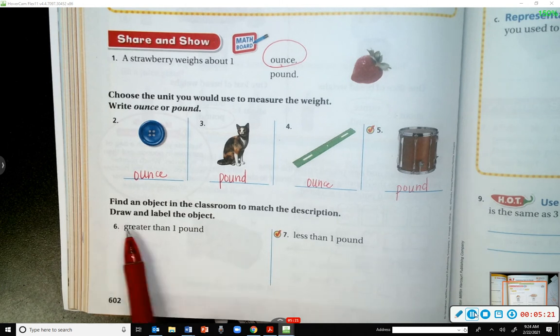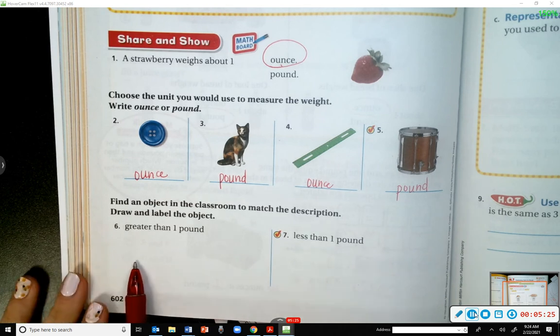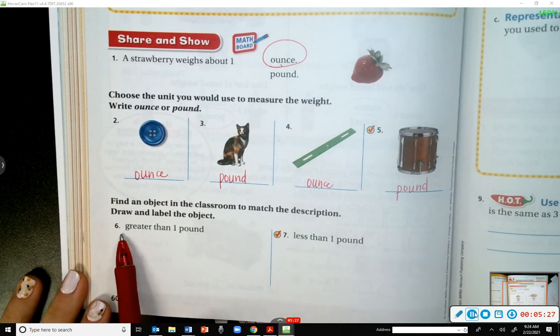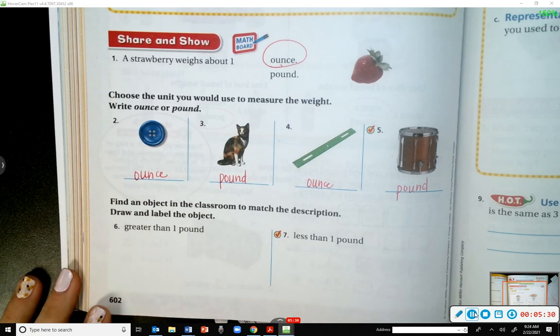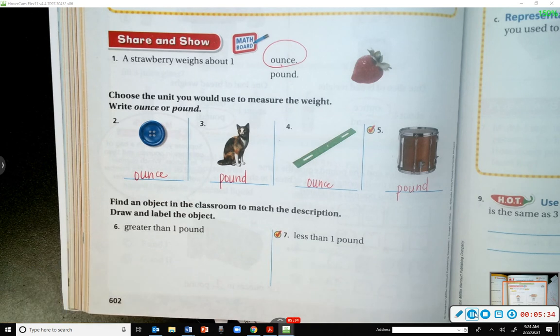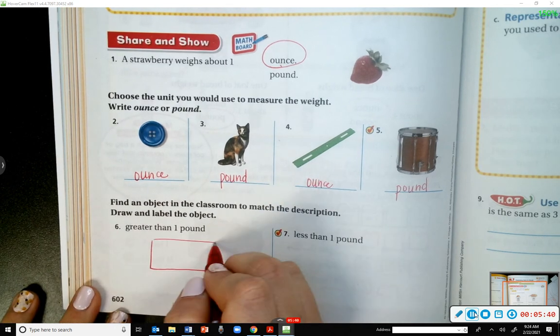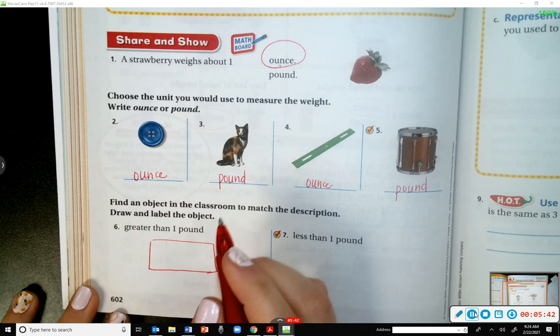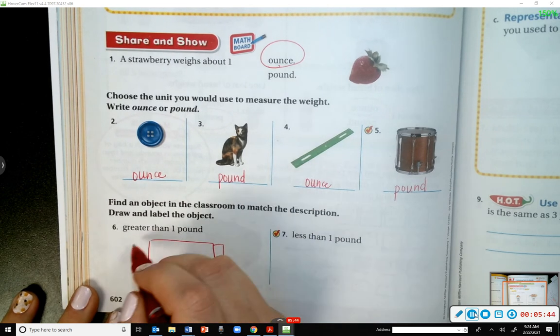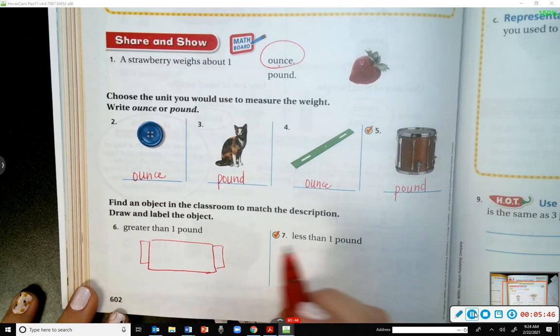Now, find an object in the classroom that would match the description. Number 6 says greater than 1 pound. The TV. That's not a TV, it's the screen. The smart board. Okay, so we're going to draw it.